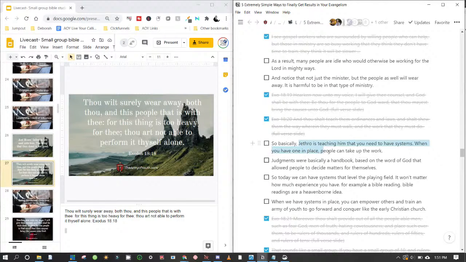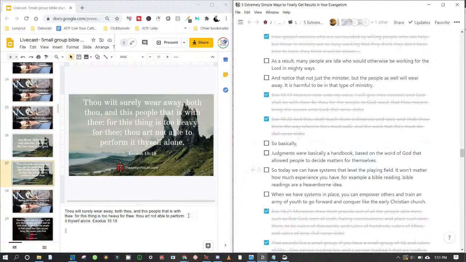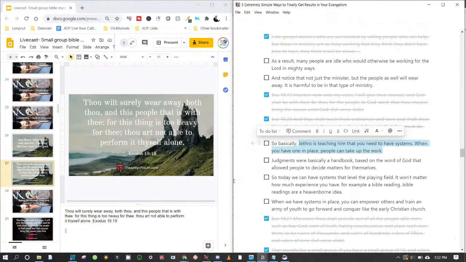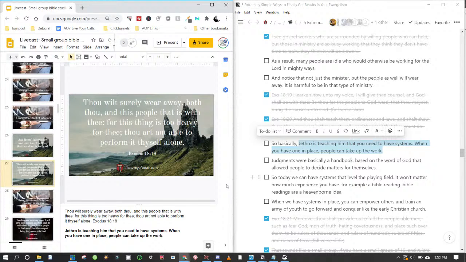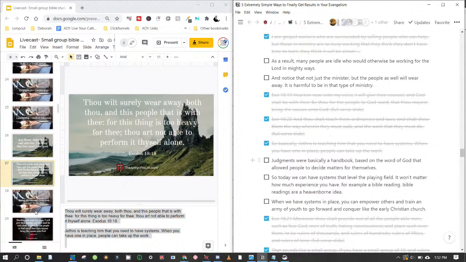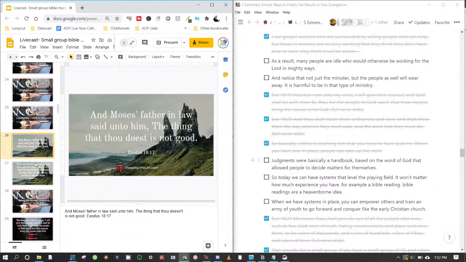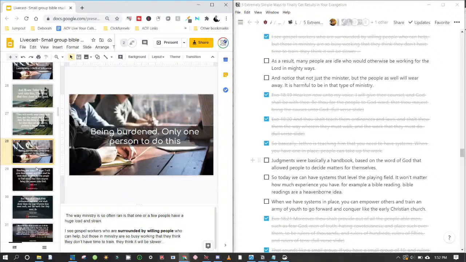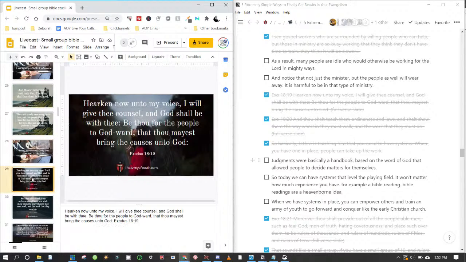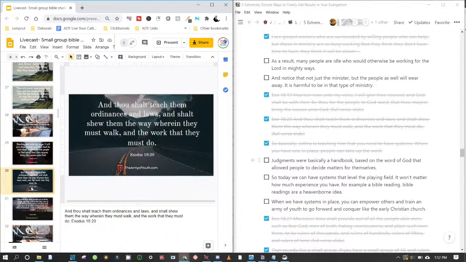So Jethro's teaching systems. When you have one in place, people can take up the work. It doesn't really need to be added, but that could go here, but not bold. Don't want that bold. Judgments. Where's a verse that talks about judgments? Hearken now to my voice, God's word. Yeah, there you go.